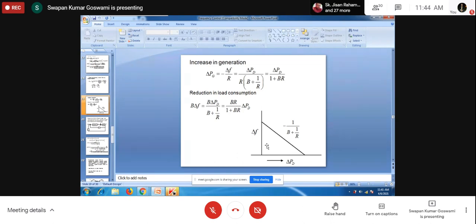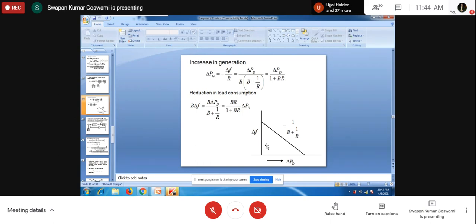That means if you are installing a speed governor, and you do not change the speed changer position, that means you are not giving any external input to the speed changer, you are not attempting to change the power output of the generation by changing the position of the speed changer, then because of the variation in demand, because of the variation in load, frequency will vary.